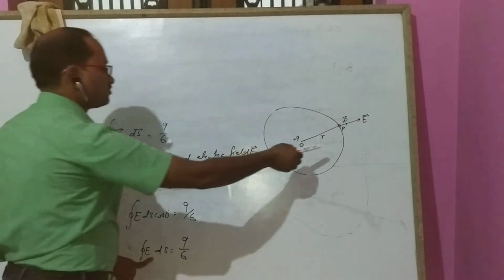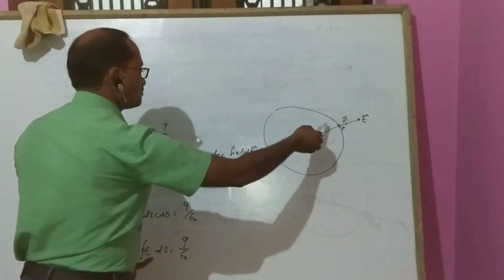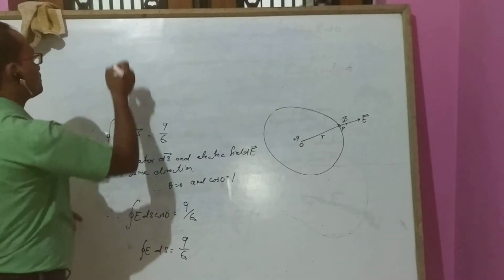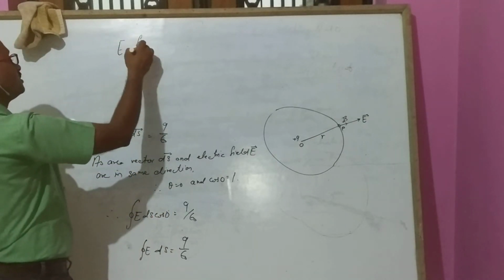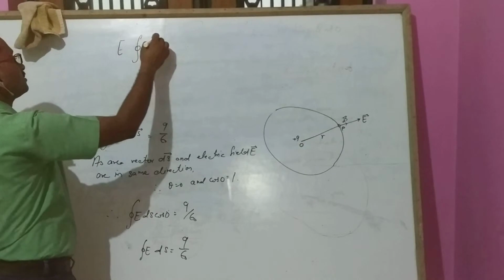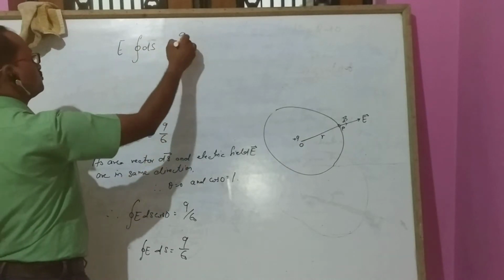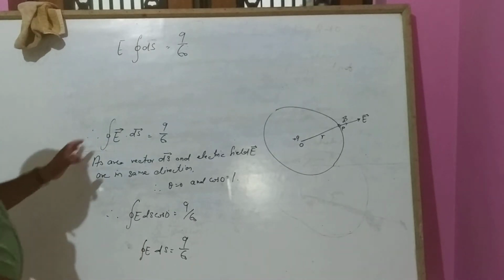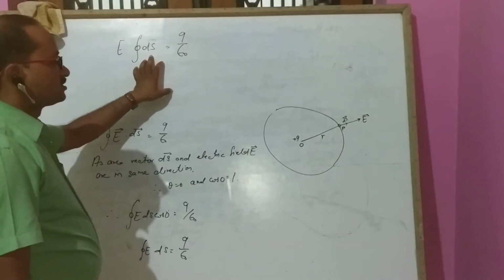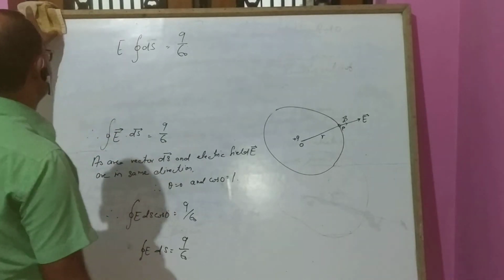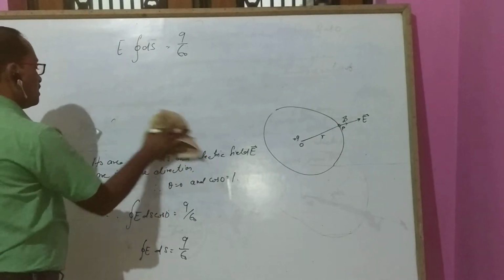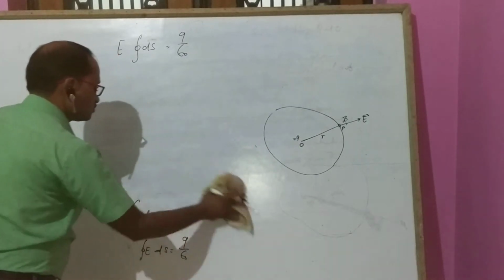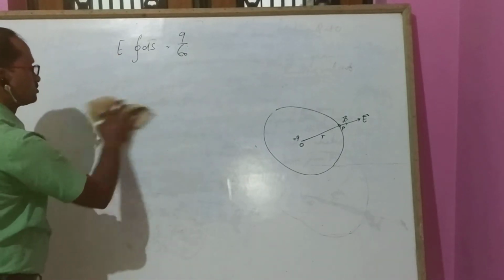E is constant for every point on the surface of a sphere. Hence, I will take E out of the integration. Now, the surface integration of area element dS will be equal to the surface area of the sphere, and the surface area of the sphere is 4 pi r squared.